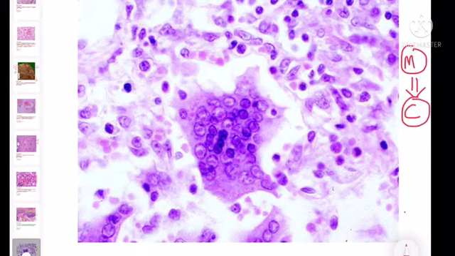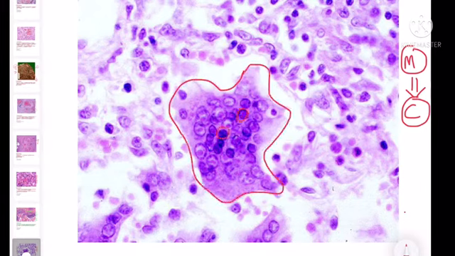In that condition we can find such giant cells with multiple spread or scattered or clustered nuclei. That's why it is also called the mulberry form, with some eosinophilic inclusions inside the cytoplasm and inside the nucleus as well. So these inclusions are viral inclusions. These are the viruses.